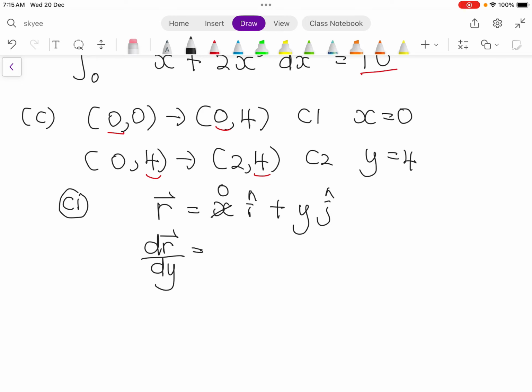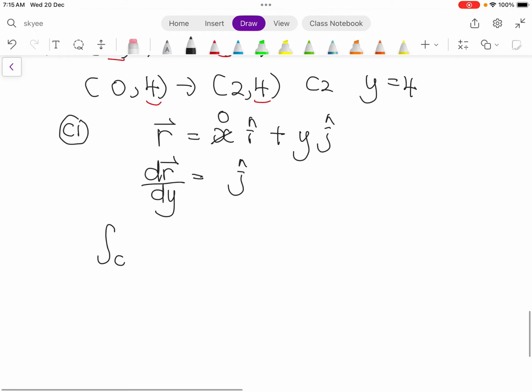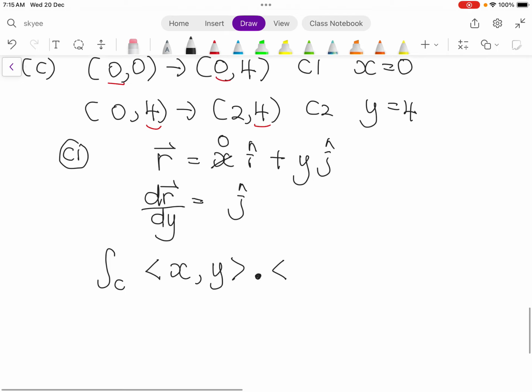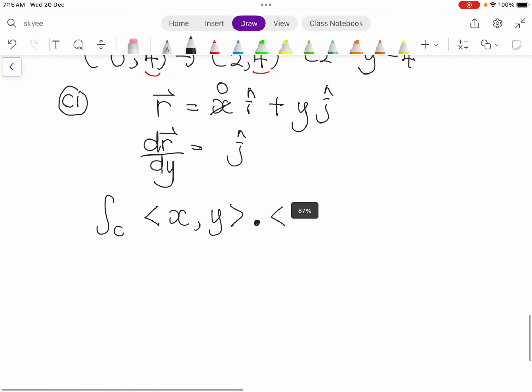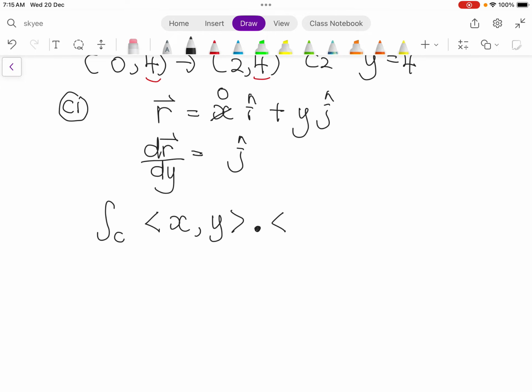So we look at the line integral. You have x and y, and you dot product with 0, 1 dy. The x is 0, so it will be y dy left.